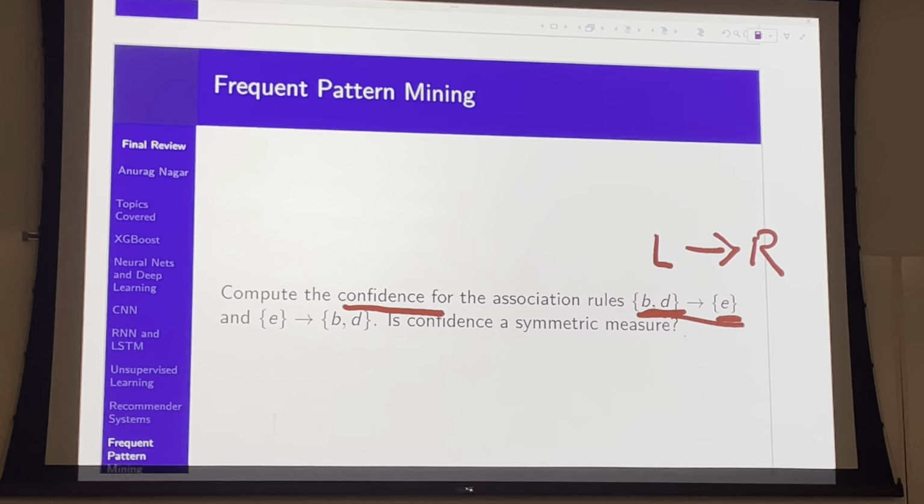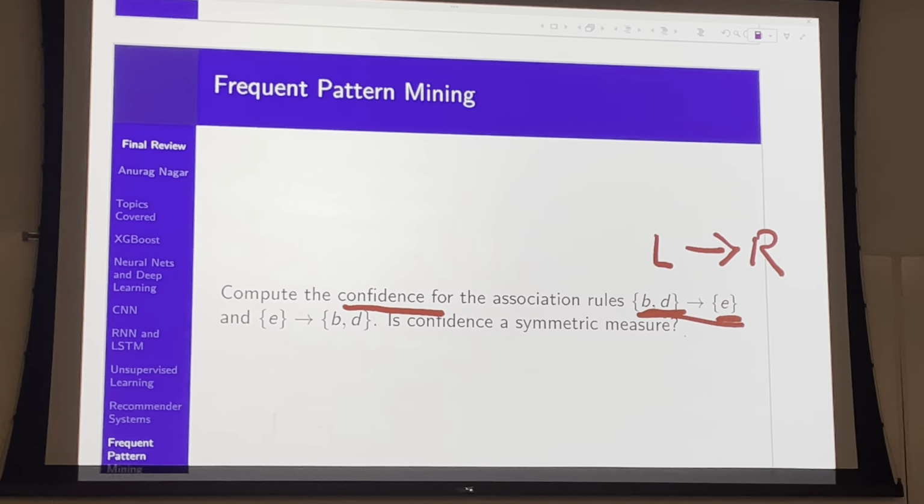So here is the answer right here: you count how many cases there are with BDE, and divide that by how many cases there are with B and D. That is called the confidence of a rule. So you can say BD gives E is 100%. If somebody buys BD, then they buy E, that's 100%. The confidence of E gives BD is not the same.